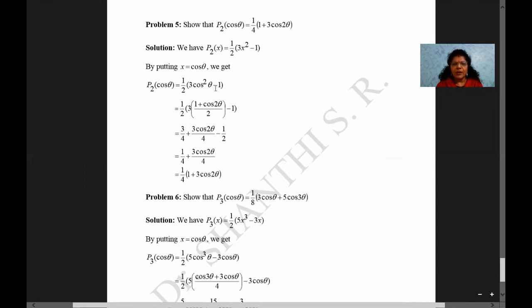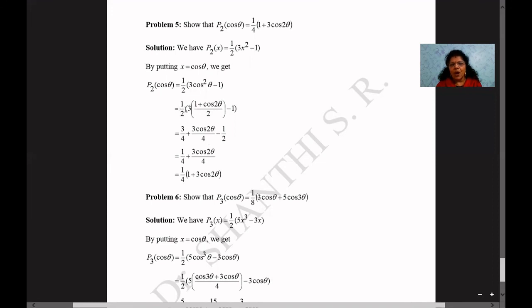What is the formula for cos square theta? 1 plus cos 2 theta by 2. Now you simplify it. Here 1 into 3 into 1 is 3, divided by 2 into 2 is 4. 3 by 4 is the first term. 1 into 3 into cos 2 theta by 2 into 2, that is 3 cos 2 theta by 4.